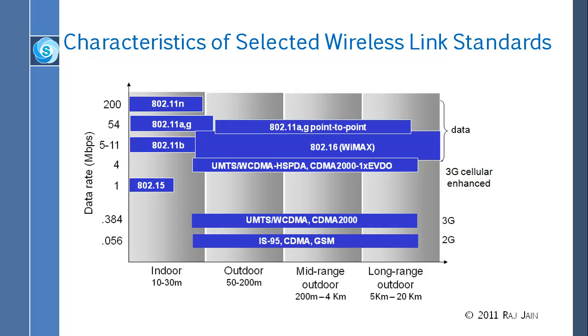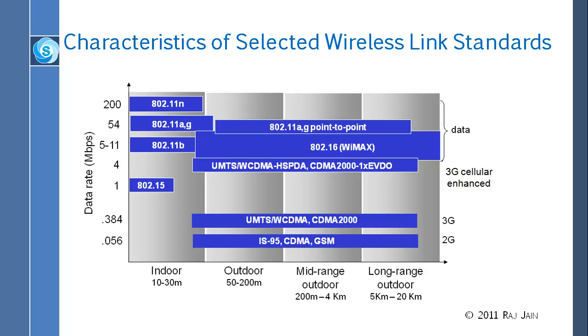But the idea is that you just need to know a few numbers. Here, 11, you already know, 802.11. That has A, B, G, N. And 16 is WiMAX, and 15 is basically there. And then these are all cellular. Cellular goes a long distance, but the speed is very low, less than 4 or 5 megabits.